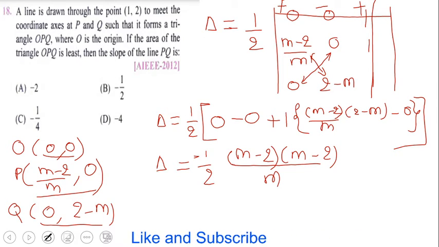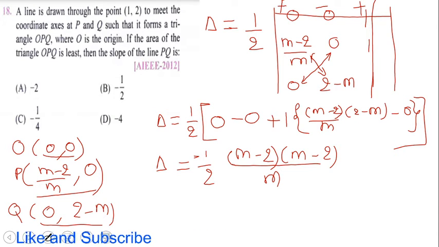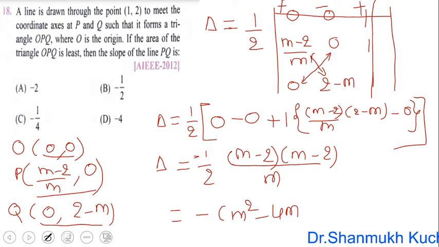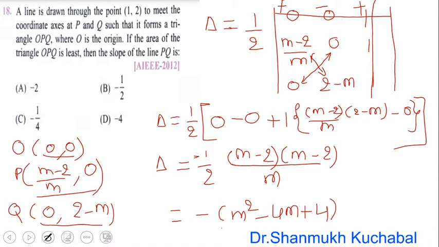Further we will simplify this one. We get minus m square minus 4m plus 4, divided by m.